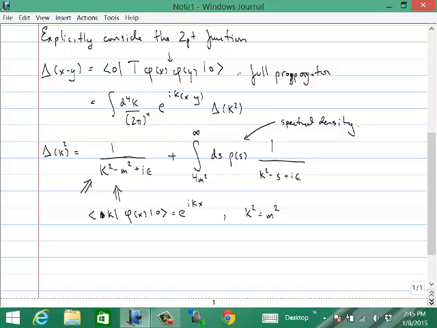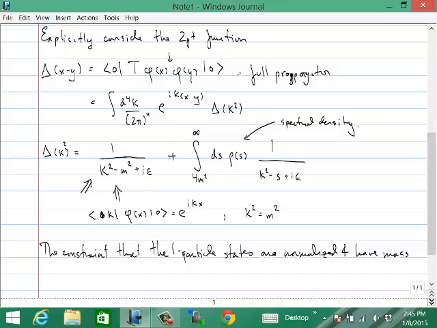So if you think about it, you'll see that the condition that the one-particle states are appropriately normalized and have mass m is completely equivalent to the statement that delta, the propagator in momentum space, has a pole at k squared equal to m squared with residue 1.